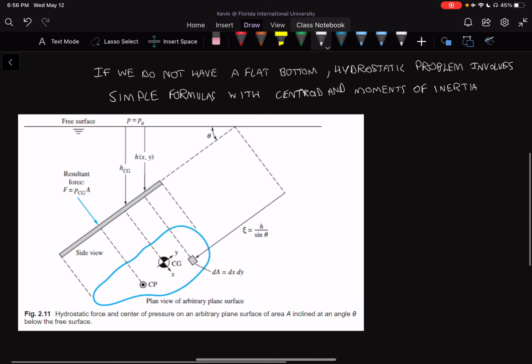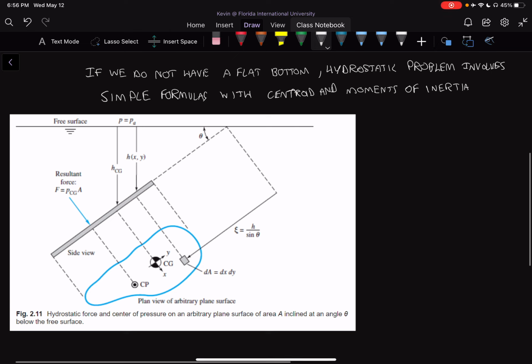So we have this hydrostatic pressure applied to an arbitrary plane surface. As opposed to a flat plane surface, which we had before, now it's going to be an arbitrary plane surface inside the water.